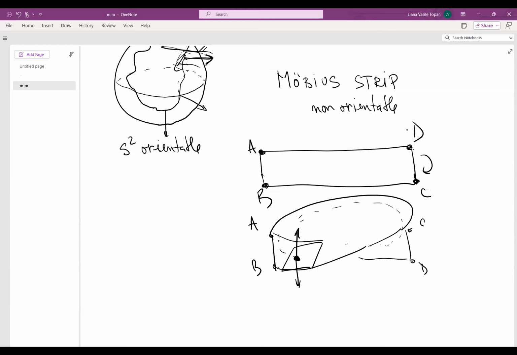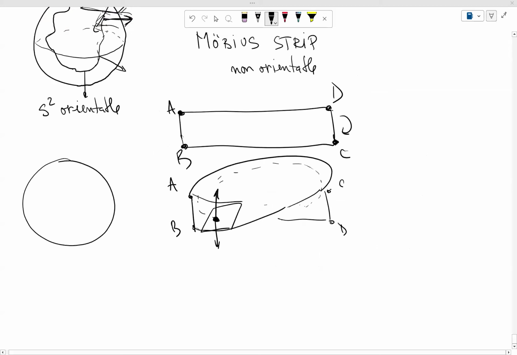We are going to see a little bit, maybe tomorrow or a little bit more, that every orientable manifold with boundary admits an orientation which is induced on the boundary, which is defined somehow. So, for instance, if you have a ball, right? A ball means a sphere which is filled.